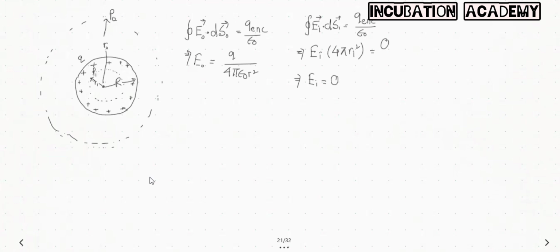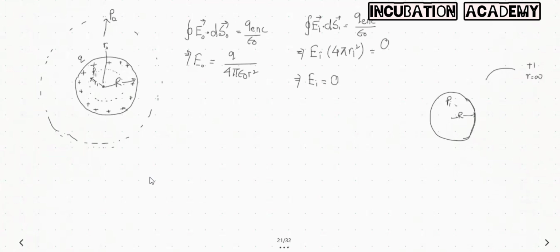Okay, now if you want to find the potential at any point inside the spherical shell of radius r, at any point inside, which is Pi, then what you have to do is bring a plus 1 unit positive charge from infinity.